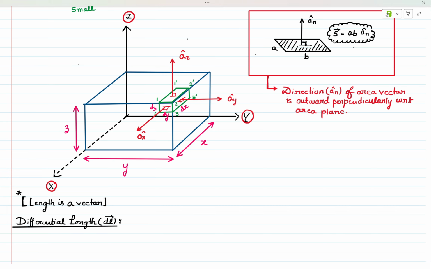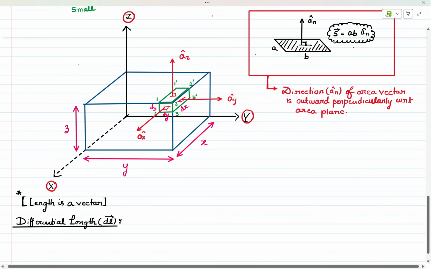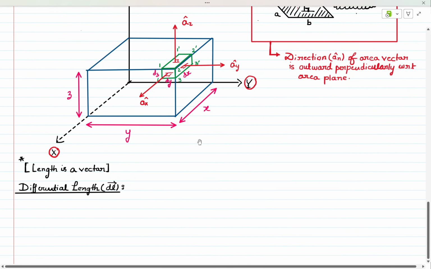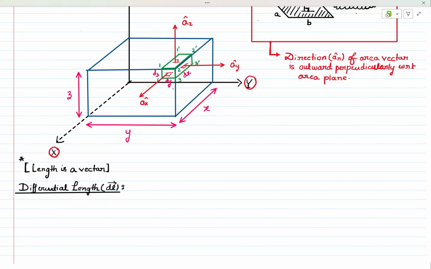Okay, now as the differential length is a vector, it must have a magnitude and a direction. I am talking here about the differential length, so I will only consider this small volume, or the small block, not the large block. The large block has been used here to draw the small block actually. By using the small block, I can see there are three lengths. What are the three lengths? Width, length and the height. These are the three lengths in case of this small block.